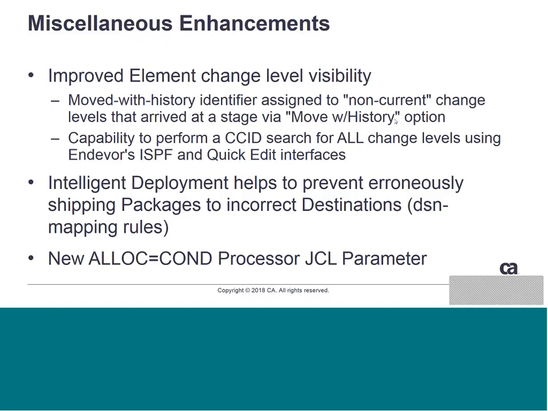Now, the reason for introducing this parameter goes back to the Agile implementation, where you may have some processors or some subsystems, some applications that need data sets that other ones don't. And for the simplicity of administration of processors, with the goal of having as few processors to maintain as possible, alloc=cond is a real handy way to share processors across different applications that have different data set requirements. Generally, it's the syslib concatenation where this is probably the most useful.